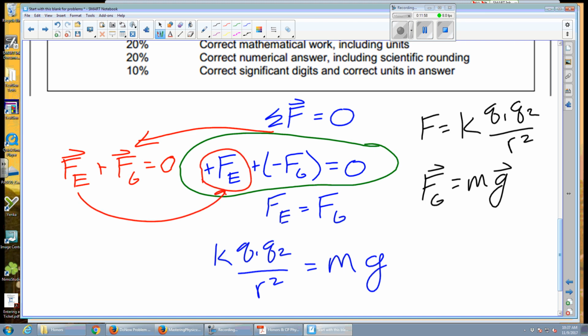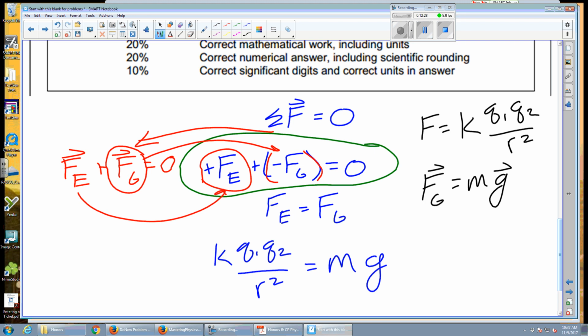The positive is the direction, the F sub E is the magnitude. Here's that magnitude thing again. And then this one, that vector is what's in parentheses: the direction, the negative, and the magnitude F sub G.